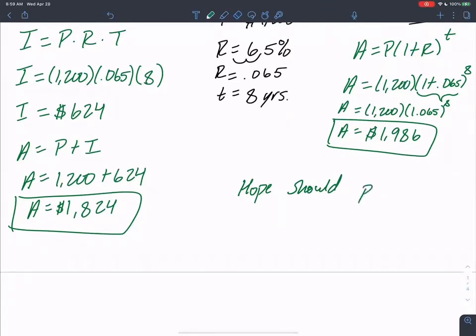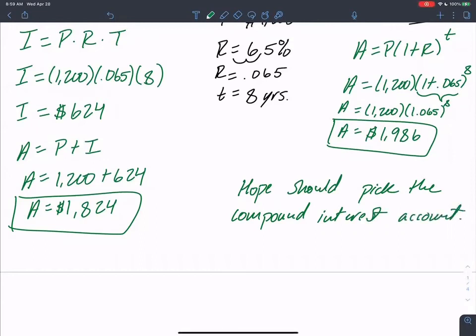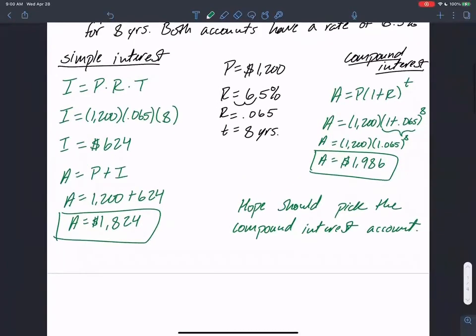Hope should pick the compound interest account. Okay? Easy as that. But be very careful not to make mistakes, and you follow it along, okay?